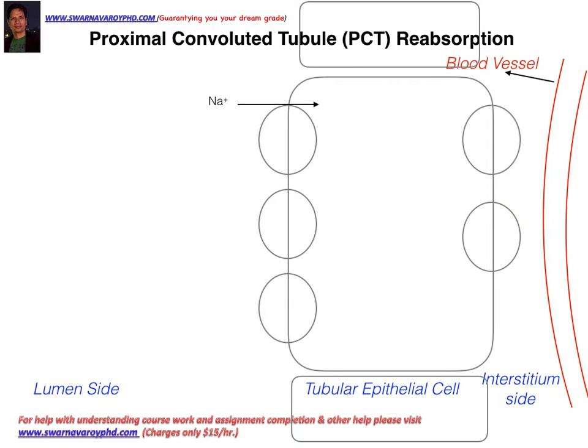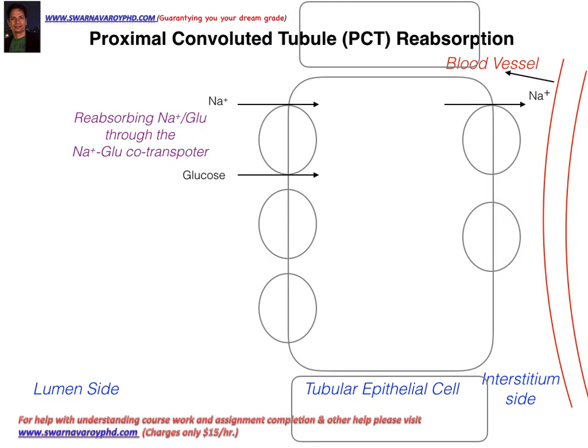Now, first, sodium. As I said, it's an important substance that the body needs to take back. So sodium is reabsorbed by the epithelial cells, and glucose is also taken in, and this pump is called the sodium glucose co-transporter. And this sodium which is taken in by the epithelial cells from the lumen side gets into the interstitium side in exchange for a potassium ion.